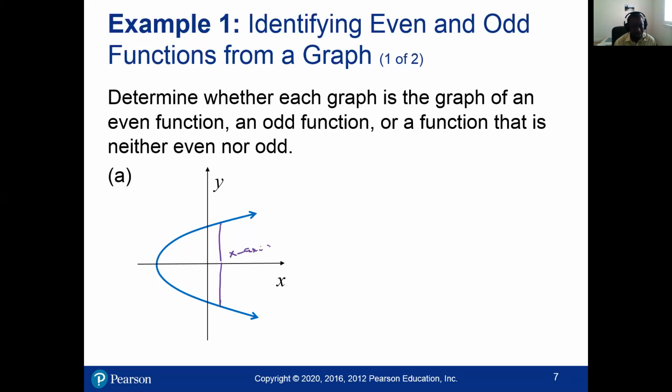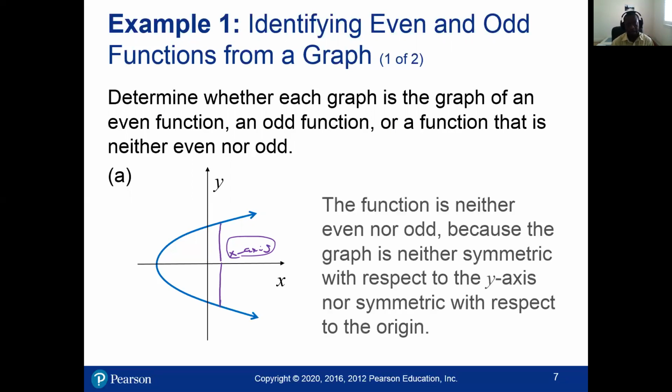But the x-axis has nothing to do with determining whether a function is odd or even. So in this case, the function is neither odd nor even, because the graph is neither symmetric with respect to the y-axis nor symmetric with respect to the origin.